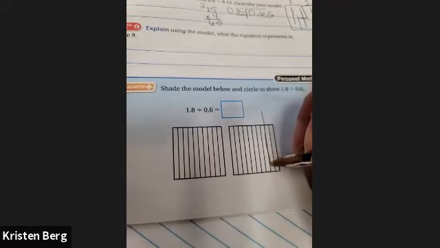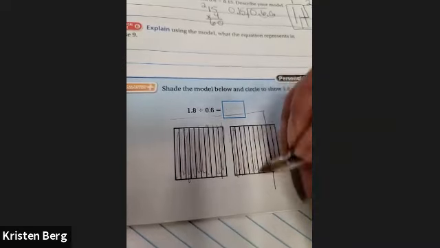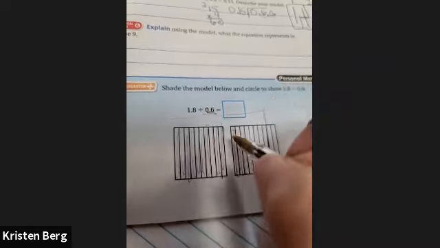So that is only this part from here on over. So I'm going to just shade here. This is 1 whole and 8/10. And then they want us to put these in groups of 6/10.